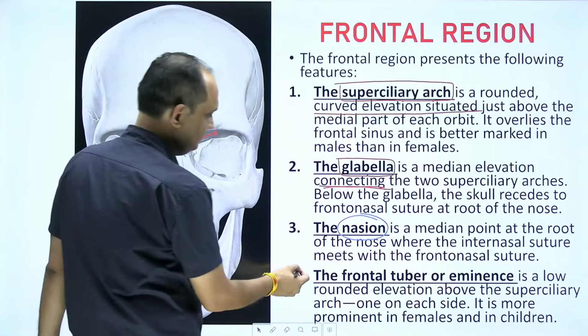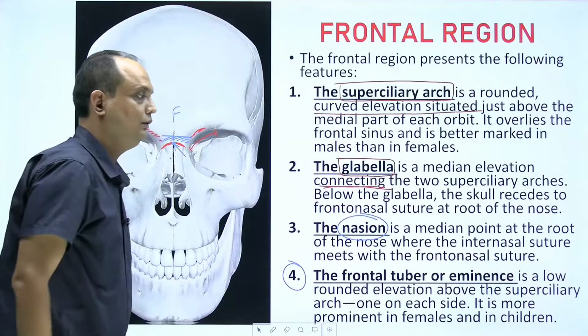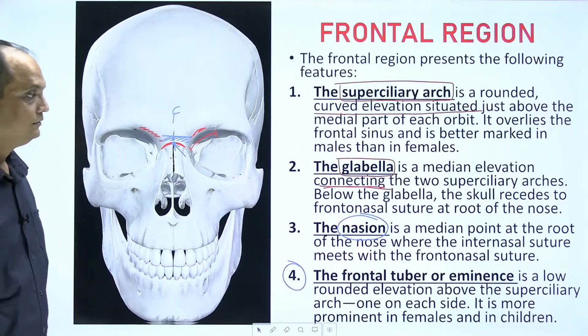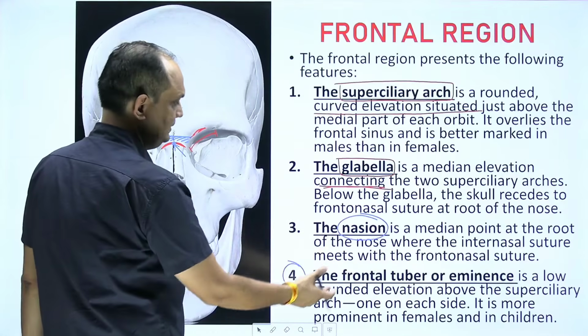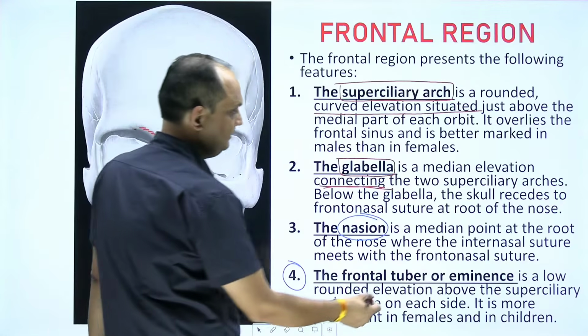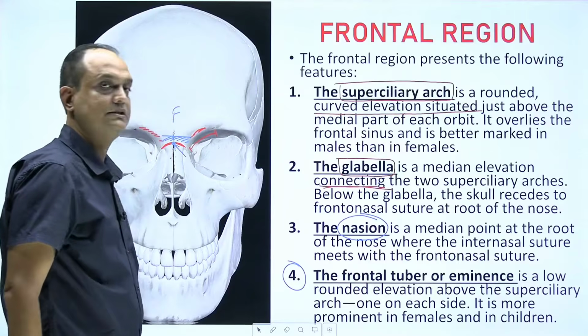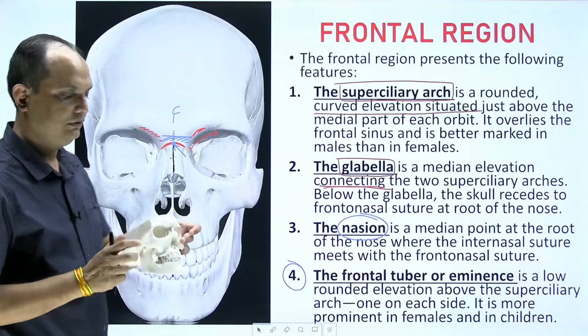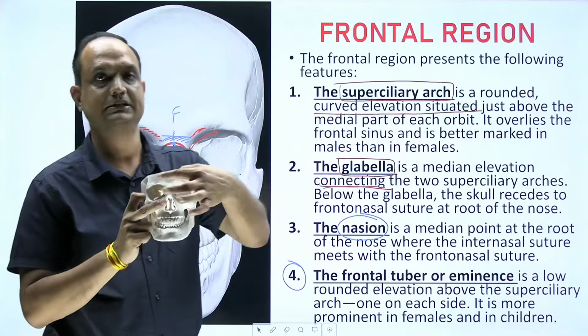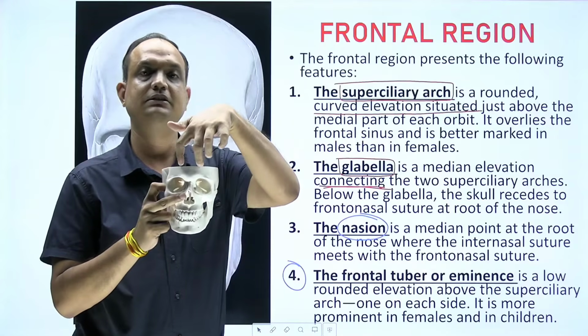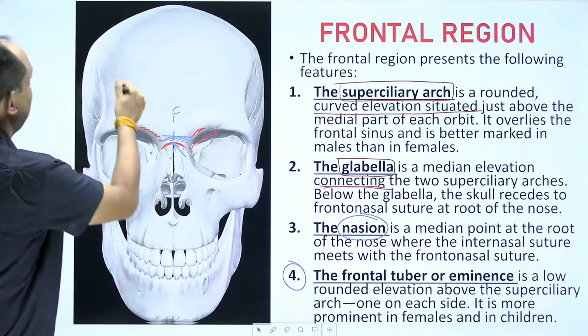Then the next feature is frontal tuber or frontal eminence. So frontal tuber or frontal eminence is a low rounded elevation above the superciliary arches, one on each side. So now this is your superciliary arches. Above the superciliary arches, here you will have the frontal eminences.